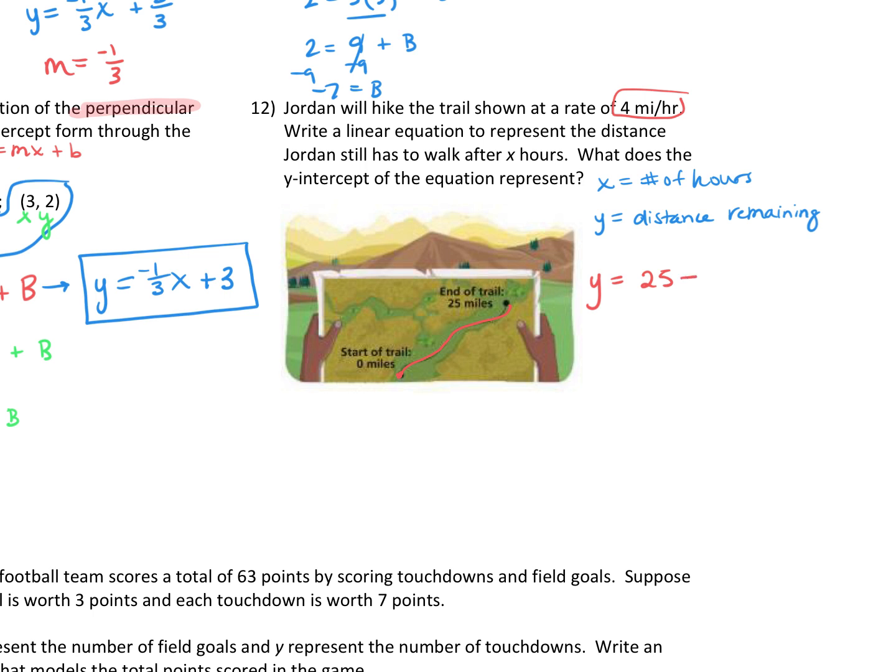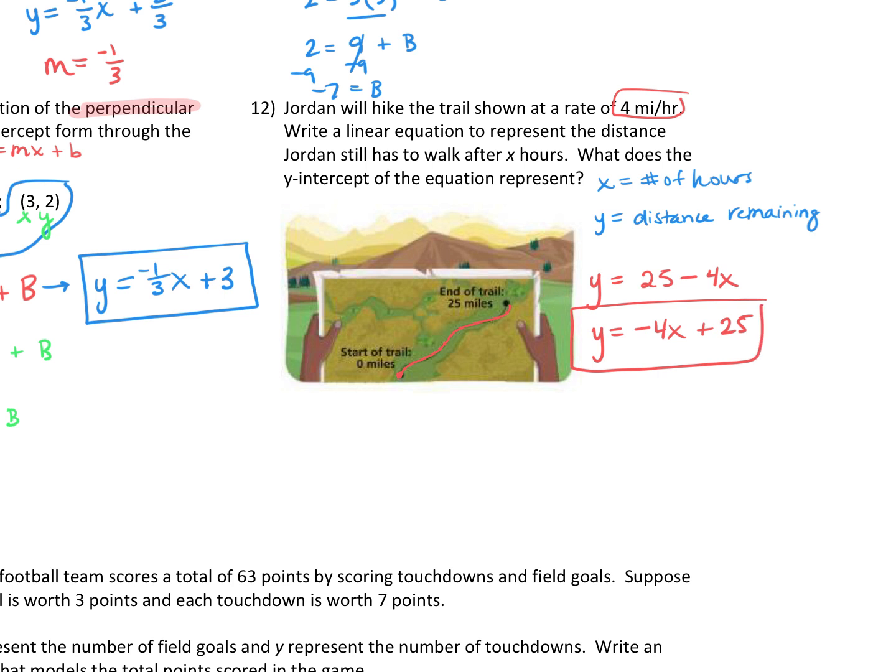So it's going to go down at 4 miles times x every hour that she hikes. So y equals 25 is the total that she has to hike, and that is going to decrease by 4 miles for every hour. I am going to rewrite this into slope-intercept form, negative 4x plus 25. So we wrote a linear equation. There it is.